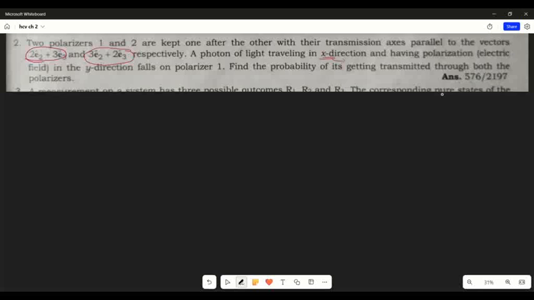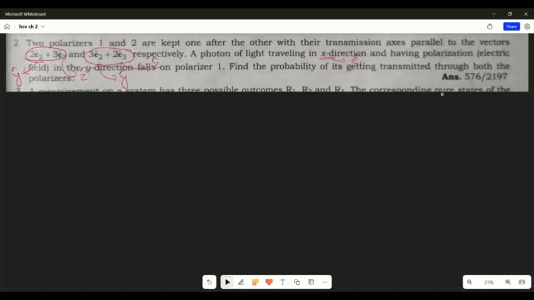So this will be E1 cap basically, and this is y cap, this is z cap.